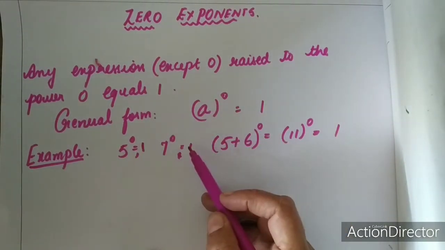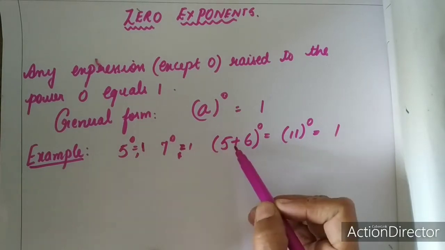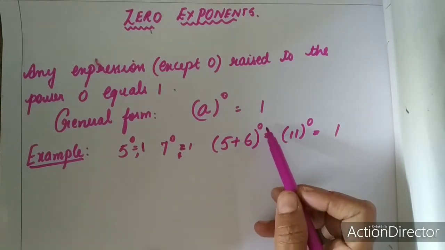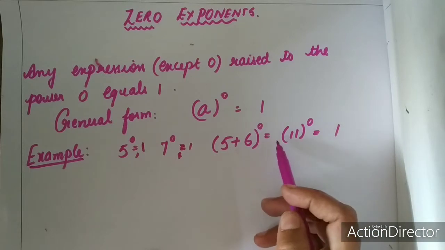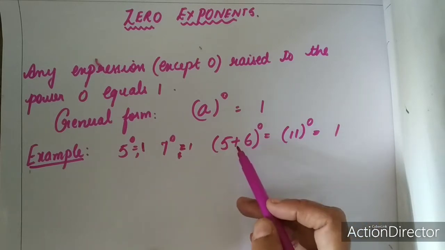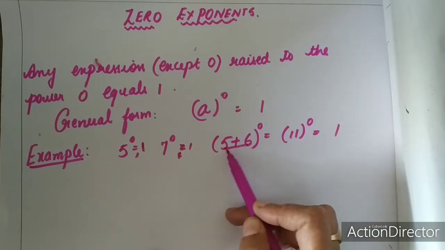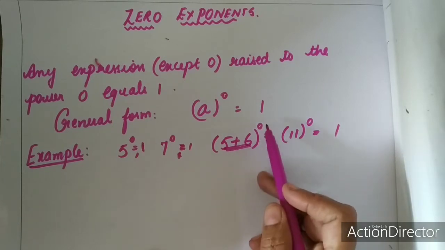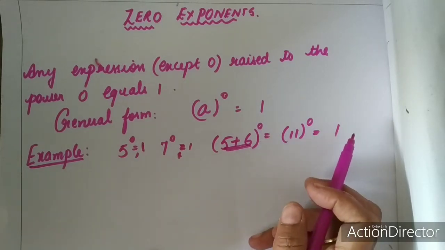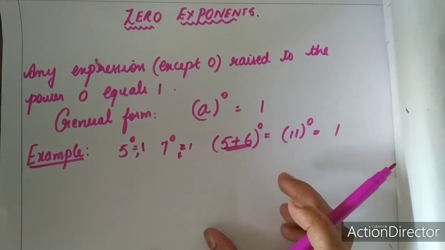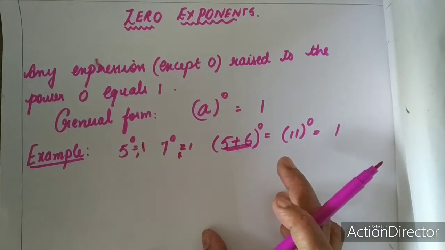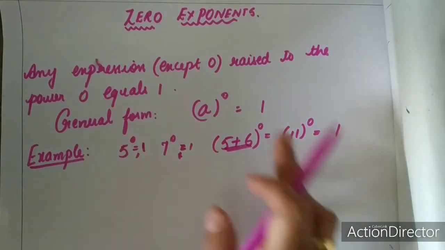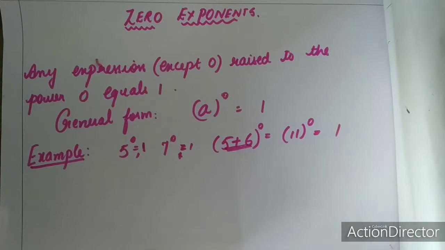Similarly, 7 power 0 is equal to 1. 5 plus 6 whole power 0 is also equal to 1. Either you can simplify and write it equal to 1, or you can say, since this is an expression, 5 plus 6 whole power 0 is also equal to 1. So, any expression which is raised to the power 0 is equal to 1. This is called zero exponents.